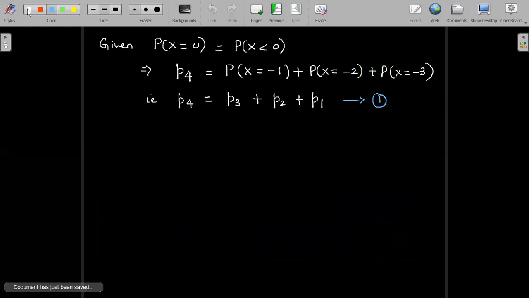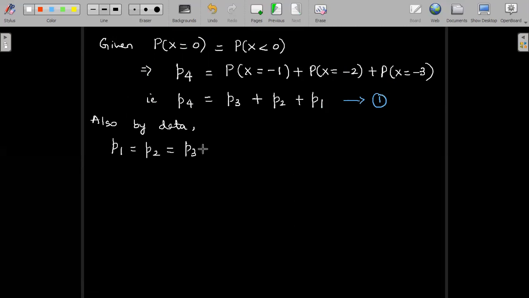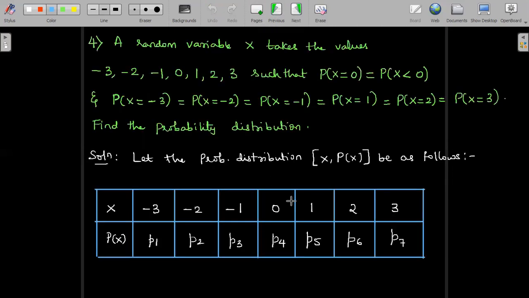So also by data, I can directly write the expression: P1 is equal to P2 equal to P3, and P5, P6, P7 as well, excepting P4, because P4 is for x equal to 0.